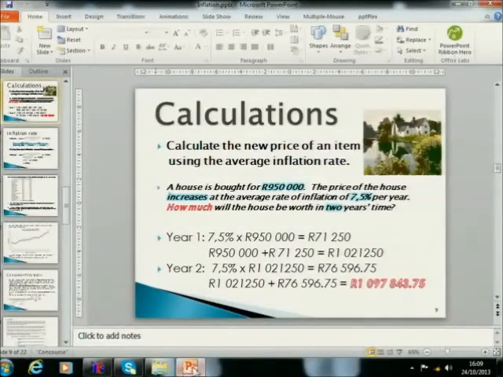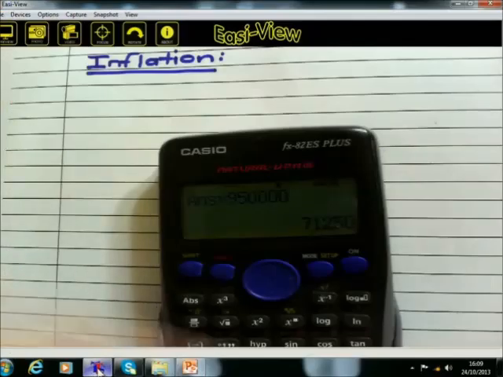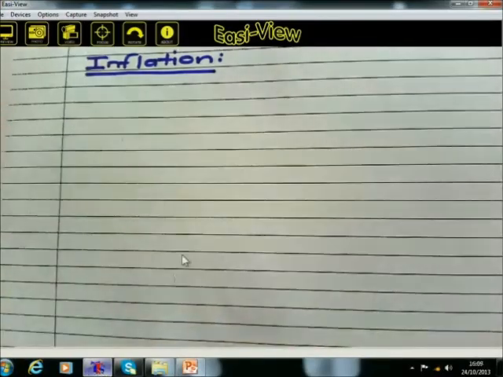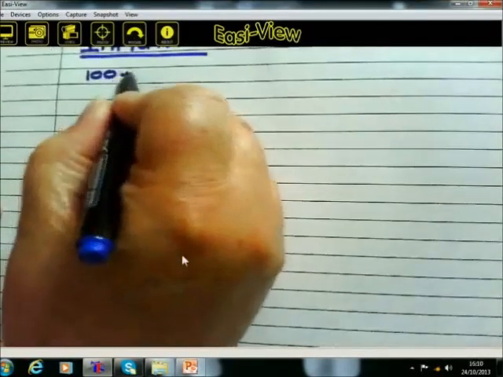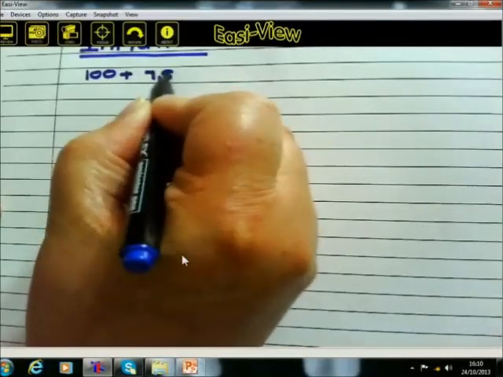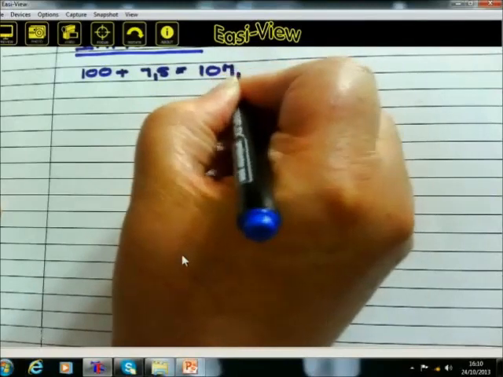We're going to use the same question, but I just want to show you the alternative method. Because the question says the 7.5% is added, many teachers teach you that it is your 100%, which is the 950,000, plus the increase of 7.5%, which gives you a total of 107.5%.